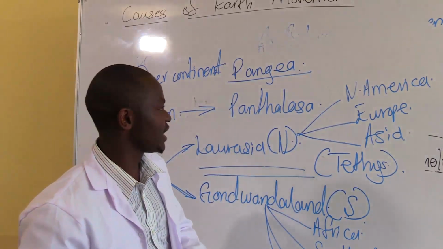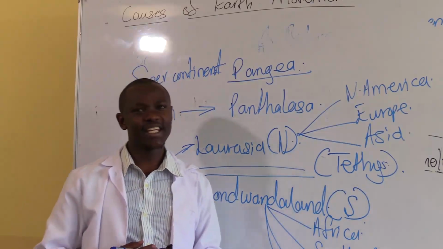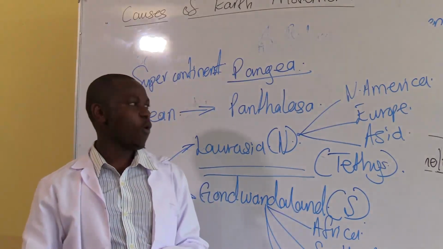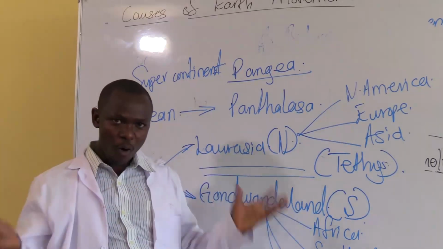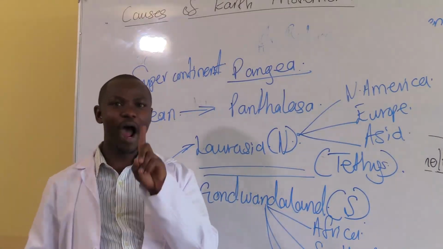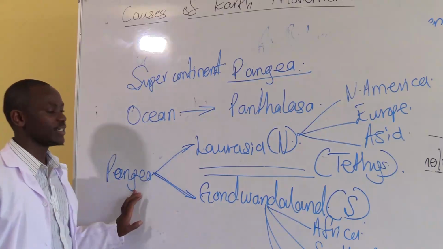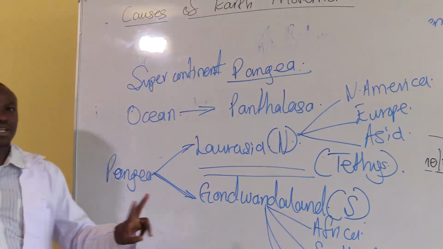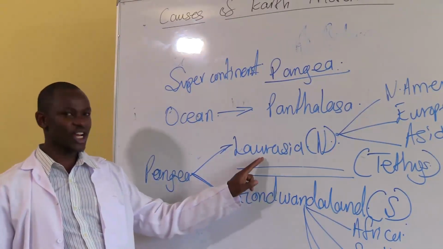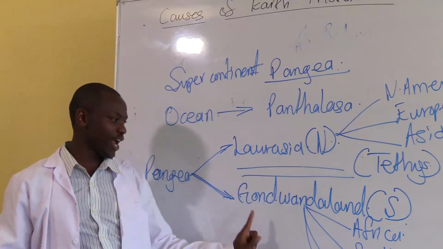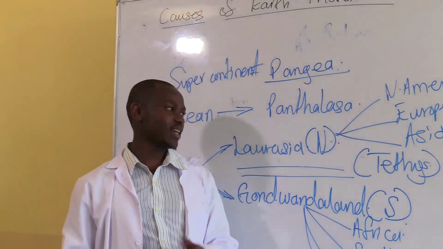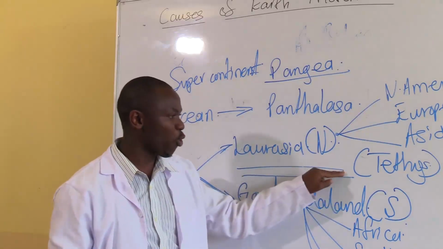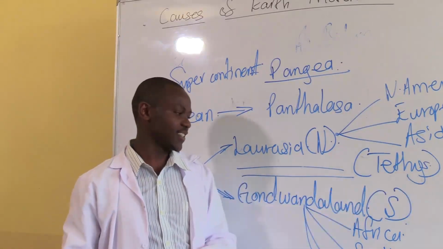I believe these are the present day continents. So basically, according to Alfred Wegener, all the continents were one, which was the Pangaea. Due to the forces, they split into two, Laurasia drifting towards the north and Gondwanaland drifting towards the south. Then the two were separated by a narrow ocean called the Tethys.